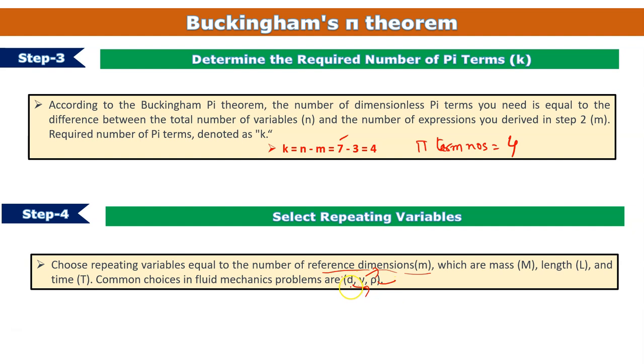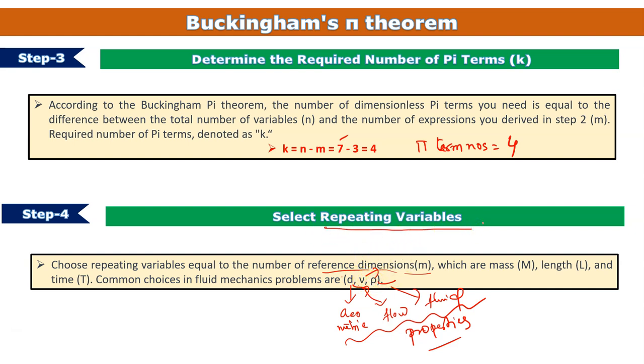So one should be geometric, another a flow property, and another a fluid property. When you select repeating variables, these properties should be there. Here I am selecting D, v and rho as the repeating variables.